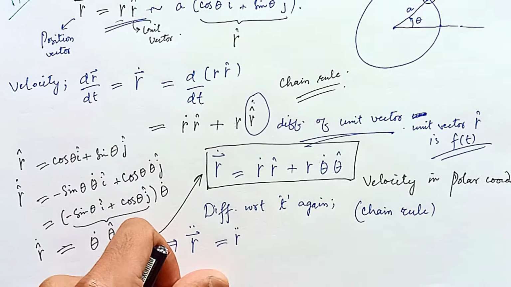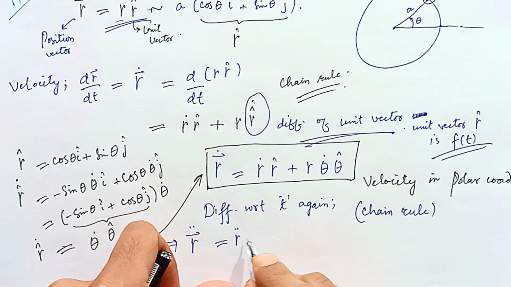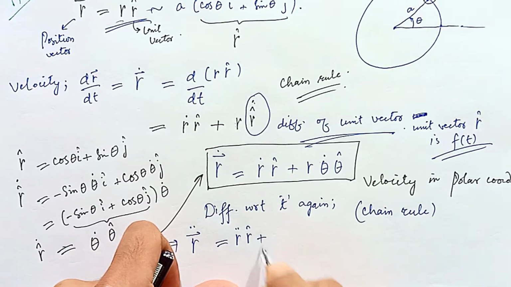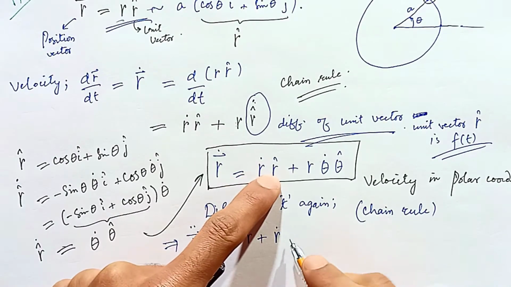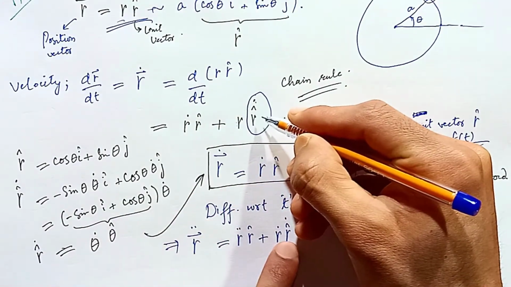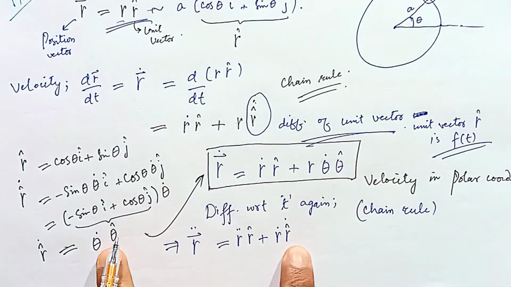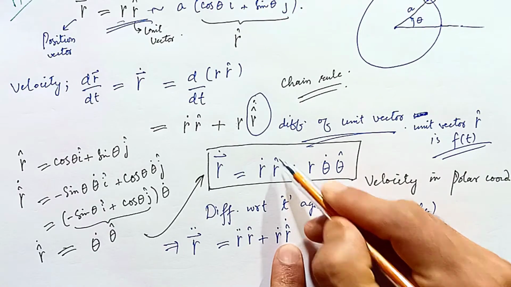Differentiating it, you will get the double differentiation of r, the magnitude of the position vector, times r hat, plus r dot, keeping this as it is, times the differentiation of this. We again have to substitute back r hat dot.